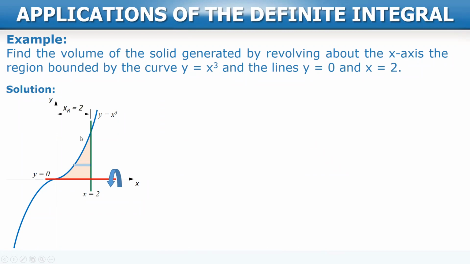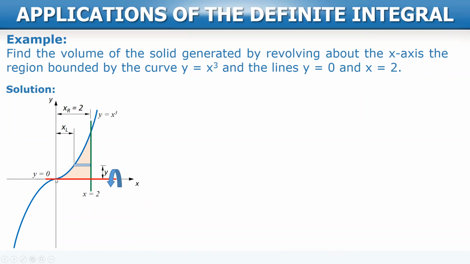Our X right is 2, which is constant from lower limit to upper limit. Our X left is just x. And then we have the distance of y.